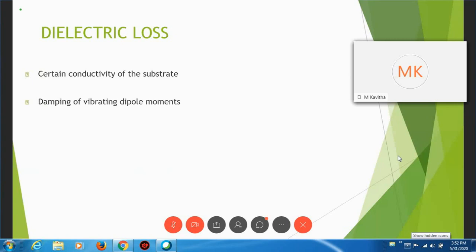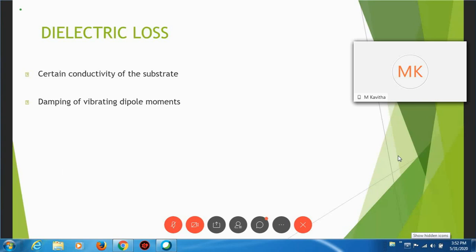The amount of polarization in the dielectric medium depends upon the dipole, that is, the molecular symmetry in the dipole, which is called the dipole moment. That is, we get the polarization due to the application of an external electric field to the dielectric substrate. So the amount of polarization depends upon the molecular symmetry of the insulator, which is called the dipole moment.